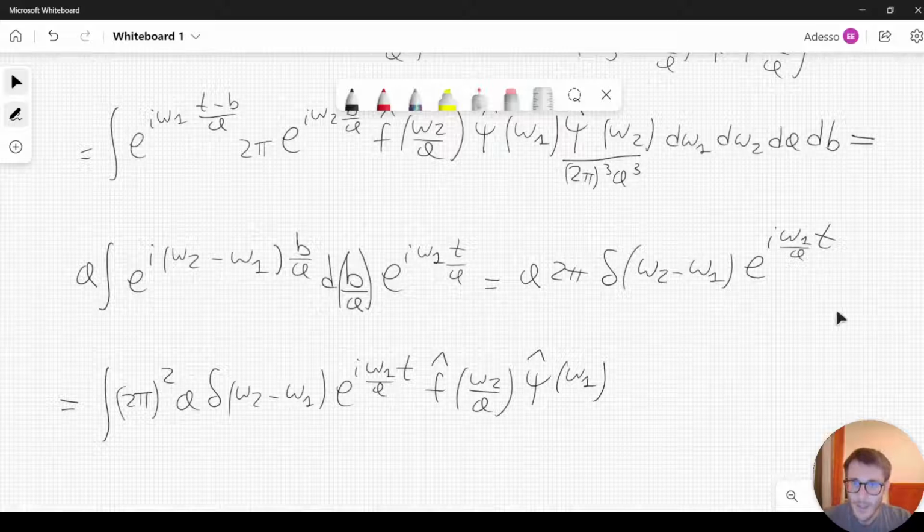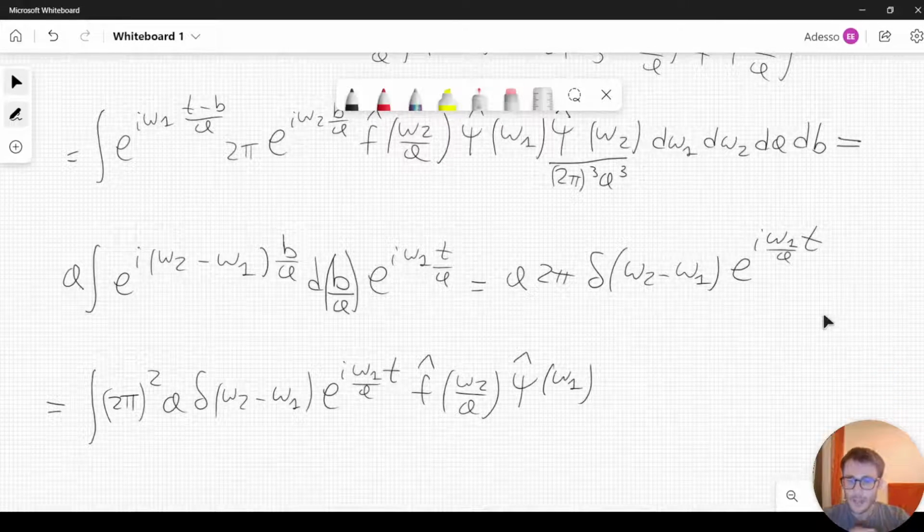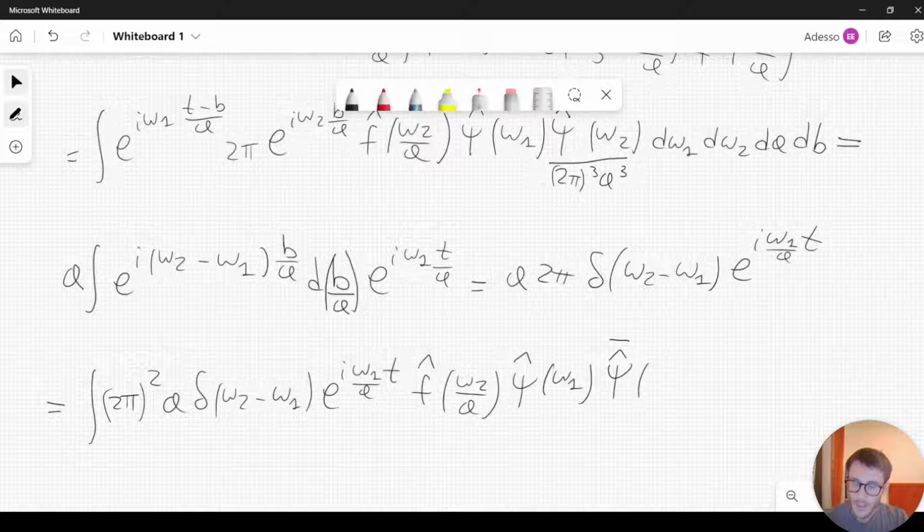Then I have psi hat bar of omega 2. I divide by 2 pi cubed a cubed. Then I have d omega 1 d omega 2, and then I have dA, because I have integrated over b.